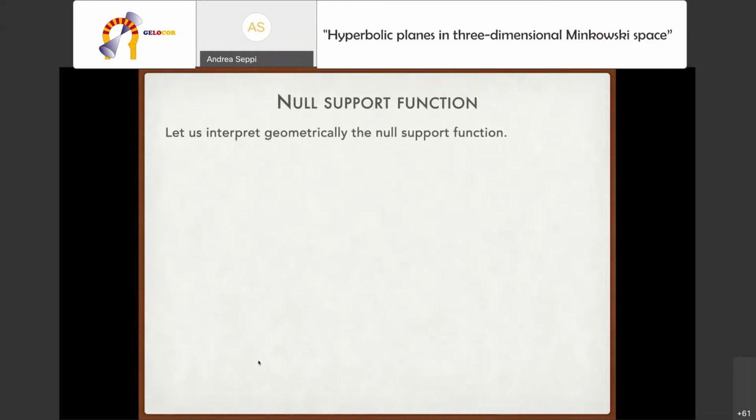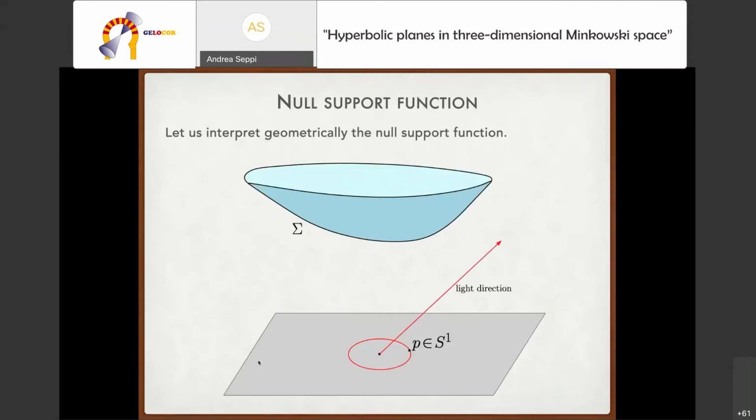Now I want to give you a geometric interpretation of this null support function. So here is just a pictorial interpretation. This is our surface sigma, okay? It's a convex surface, space-like. We want to associate to this surface a function which is defined on the circle. So let's pick one point on the circle.